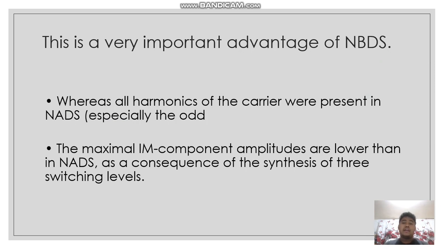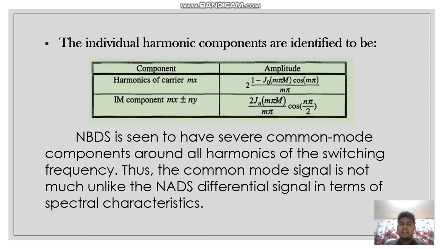So this is the very important advantage of NBDS, whereas all harmonics of the carrier were present in NADS, especially the odd. The maximal IM component amplitudes are lower than in NADS as a consequence of the synthesis of three switching levels. So we have here the formula and its amplitude. And next is the IM component MX plus minus NY, and we have here its formula also.